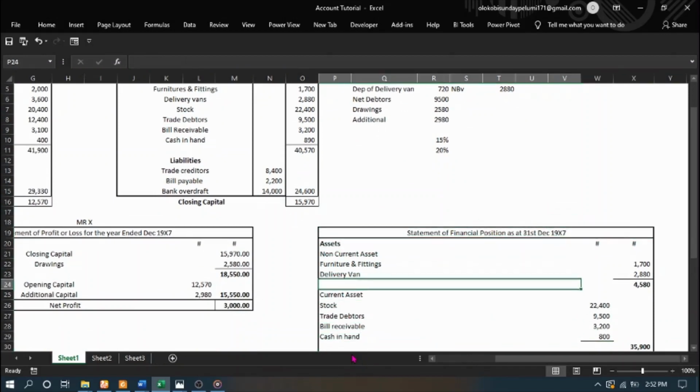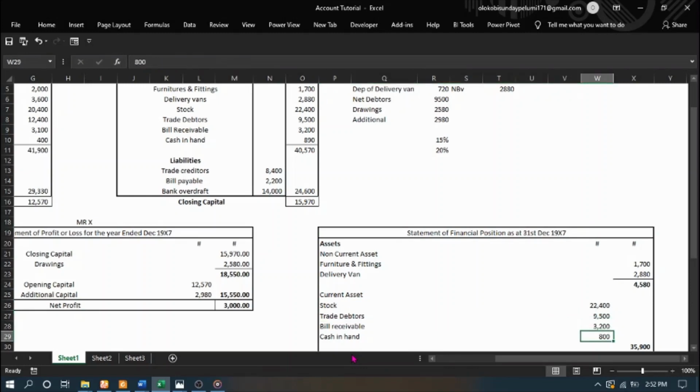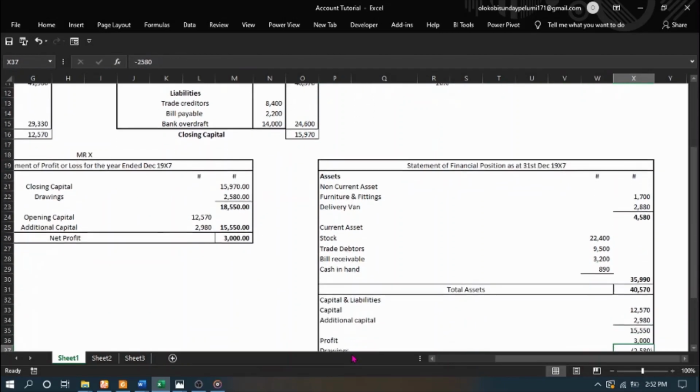Just stock is 495 32, and then we have cash here. The cash in hand is 890. Sorry, so that is the error we have.